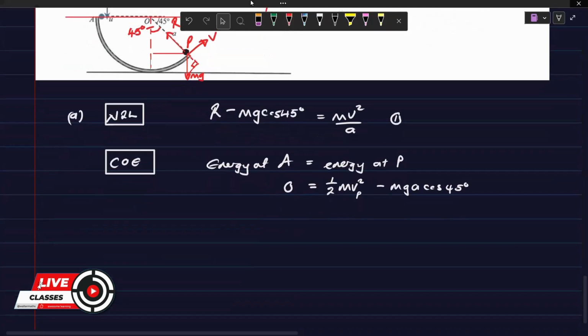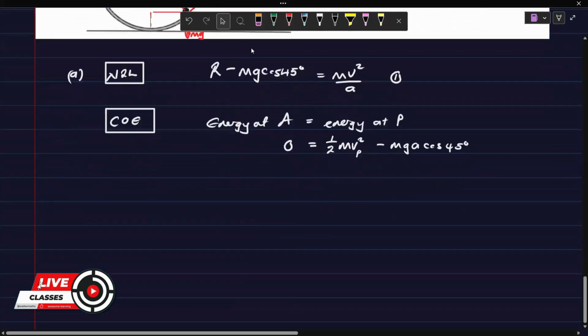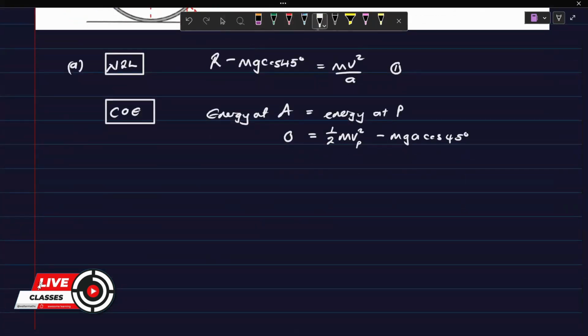So half m v squared is equal to mga cos 45, which is root 2 over 2.